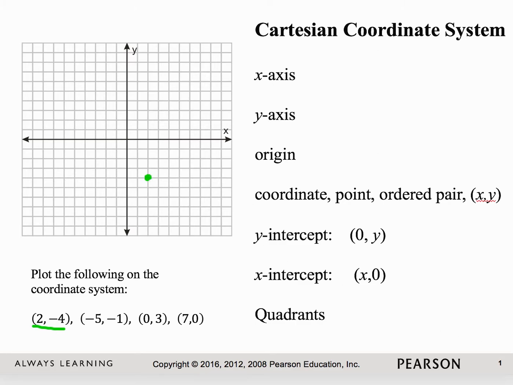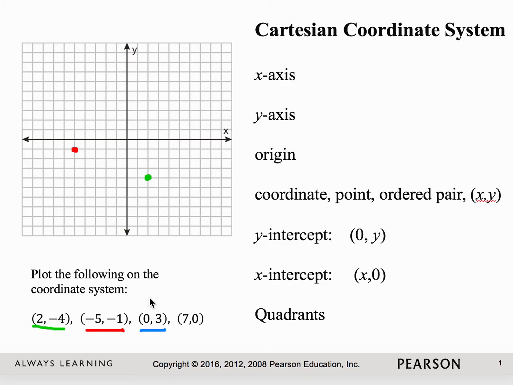There's that point. For this one, I start back at the beginning, but x comes first, so back and forth first. So I'd go backwards 1, 2, 3, 4, 5, and then down 1. That's the point (-5, -1).